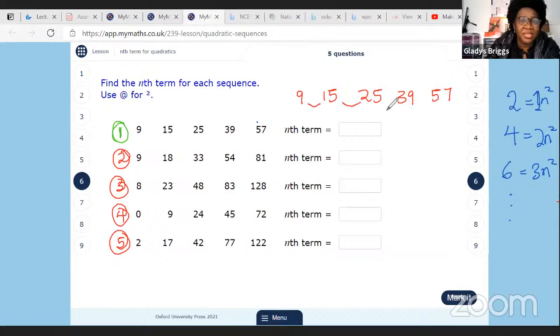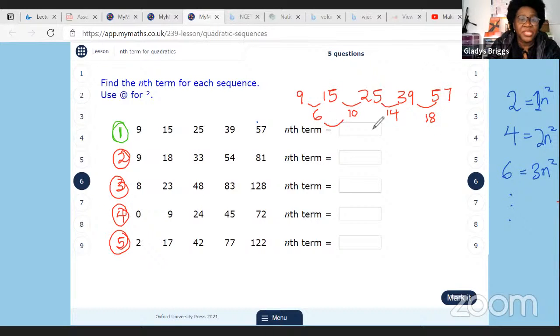And the difference here, 15 minus 9 is 6. 25 minus 15 is 10. 39 minus 25 is 14. 57 minus 39 is 18.